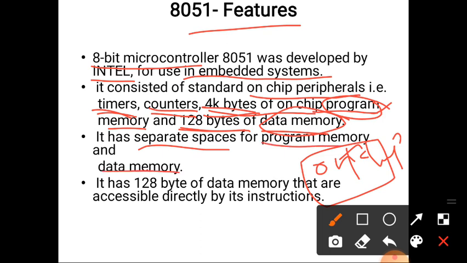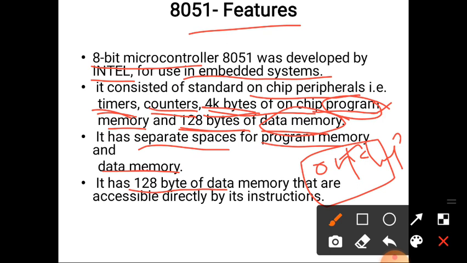So program memory and data memory are stored in different memories, and it has 128 bytes of data memory that is accessible directly by its instructions. So using some instructions we can directly access the data memory.